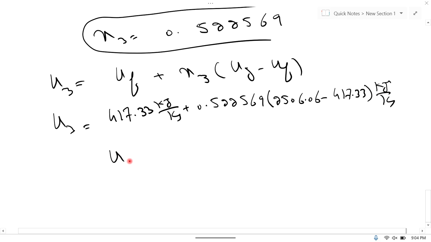So U3 is equal to 1508.83 kilojoule per kg.